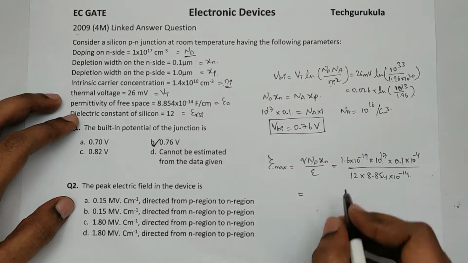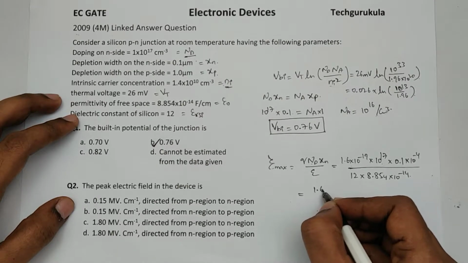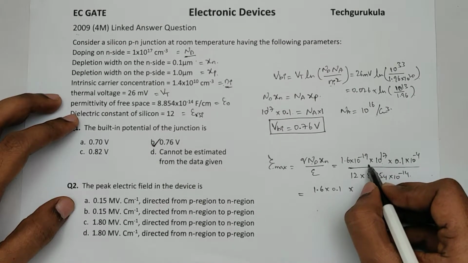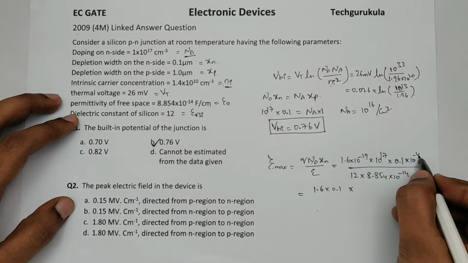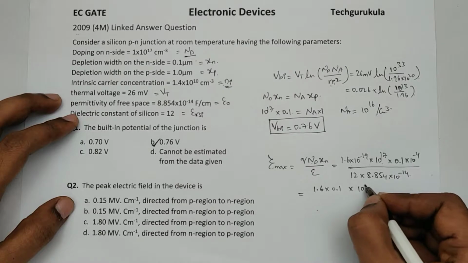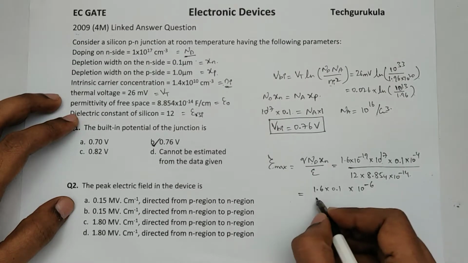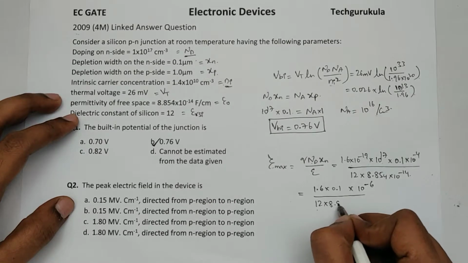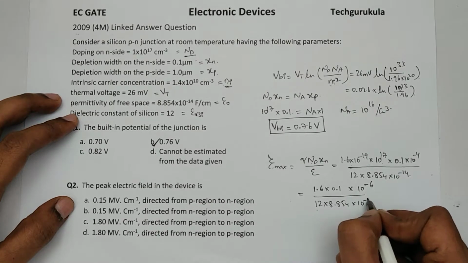So let's find this value. We'll put 1.6 times 0.1 times the entire powers. So we have 19, 4, 23, and 17. This is minus 23 plus 17, 10 power minus 6 divided by 12 times 8.854 times 10 power minus 14.